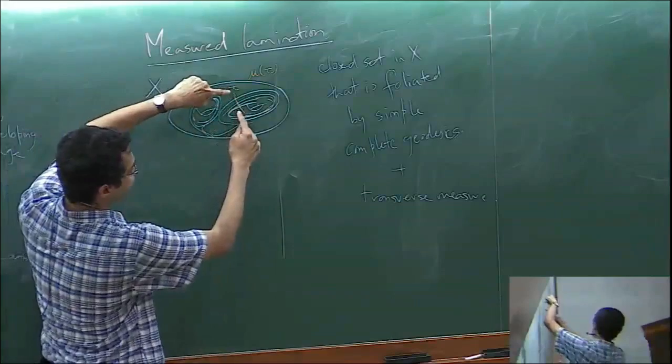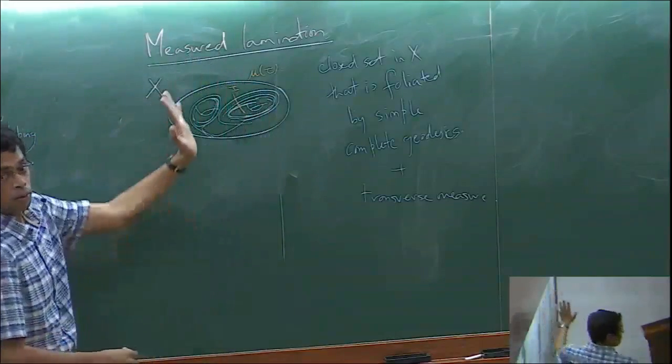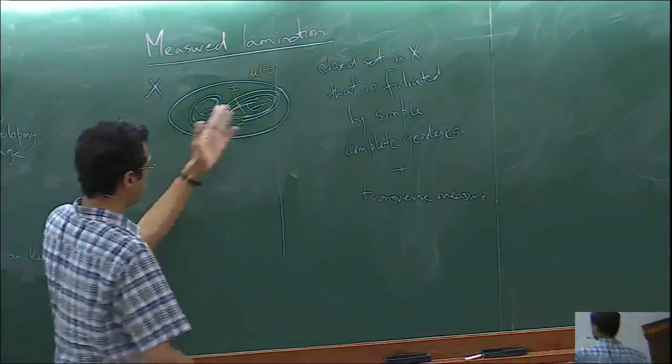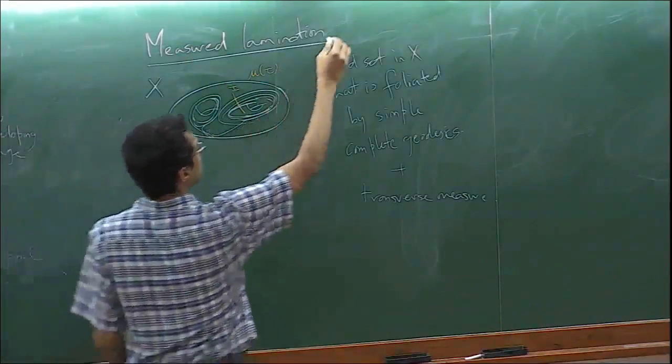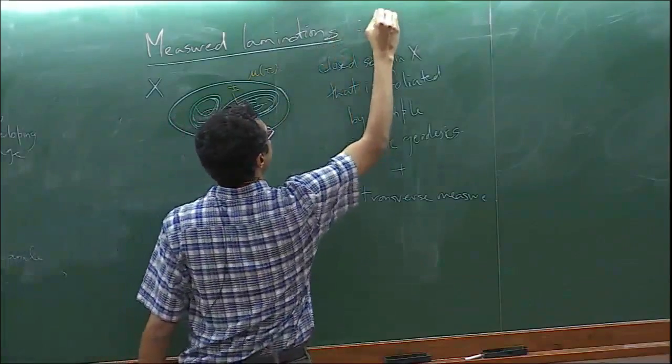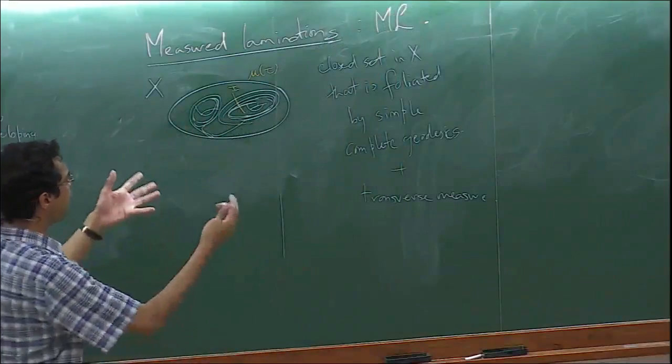And this is invariant when you slide this arc along the leaves, so it's invariant under the holonomy of the lamination. So all these measured laminations in fact form the space ML, a finite dimensional space.